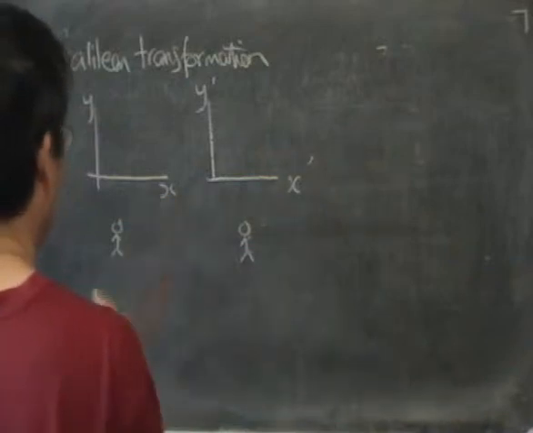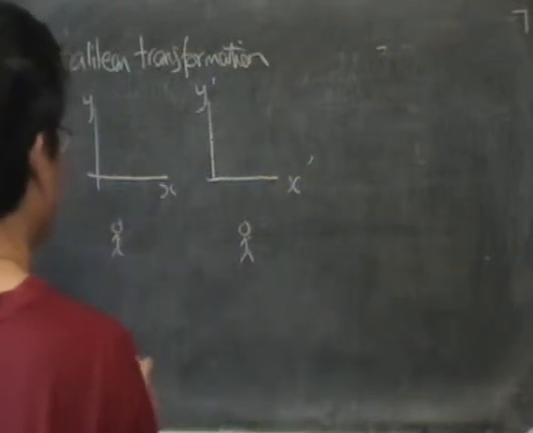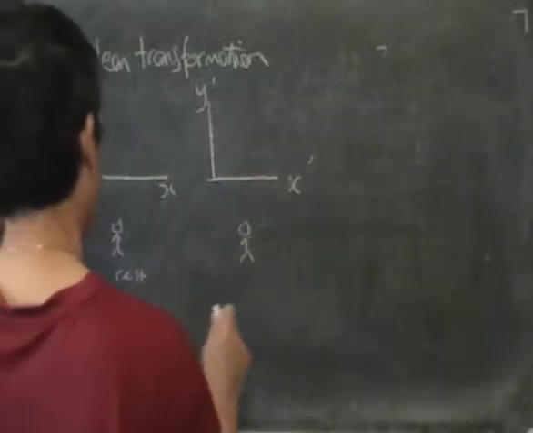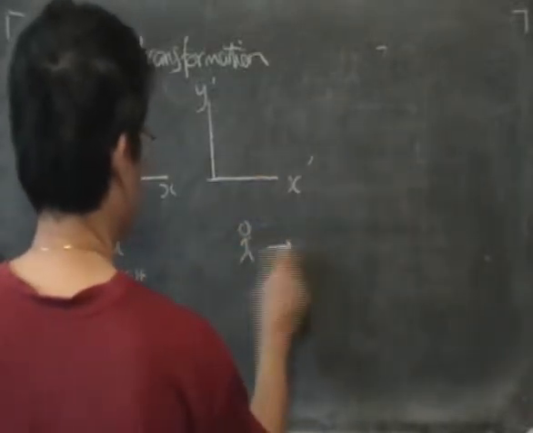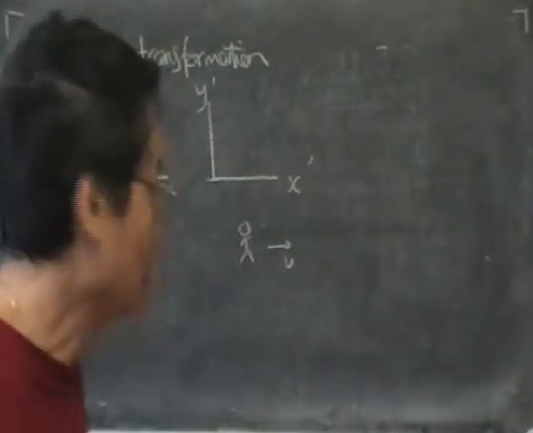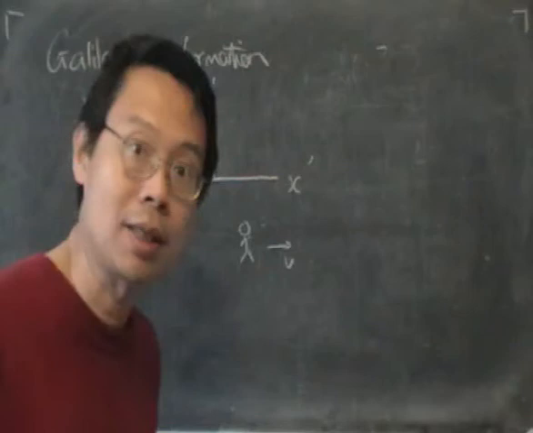So if, say I imagine that this is me, I'm at rest, and this is another observer, my friend, who is moving maybe in a car at a velocity of v in that direction.